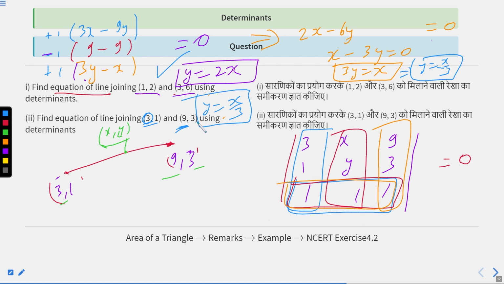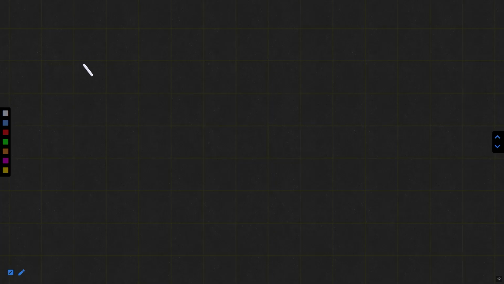Okay, so it is very easy to find the equation of a line using determinants to show points are collinear. Let me once again summarize this.